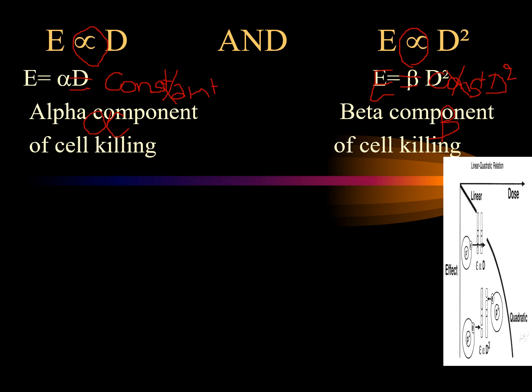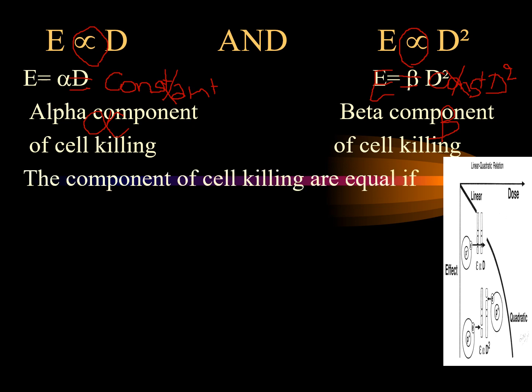Let's study this point, the elbow point, in depth. At this point, the alpha component of cell killing is equal to the beta component of cell killing, which means that alpha D at this particular point is equal to beta D squared.